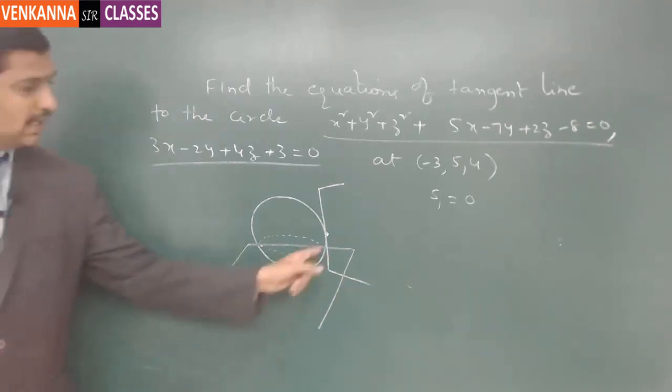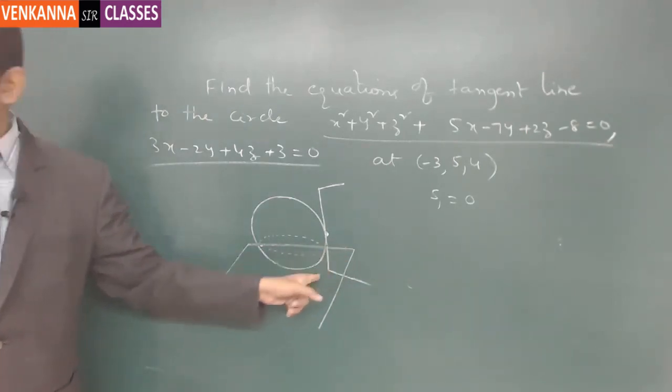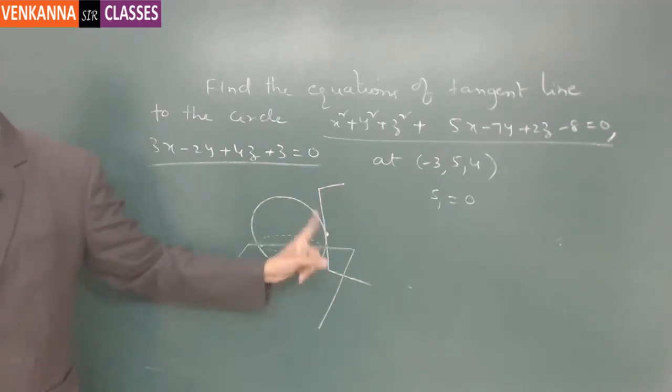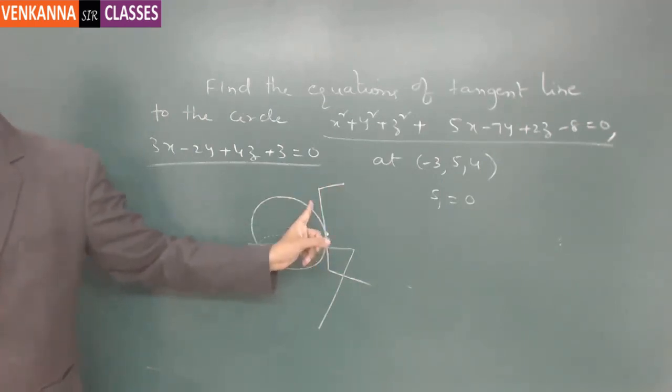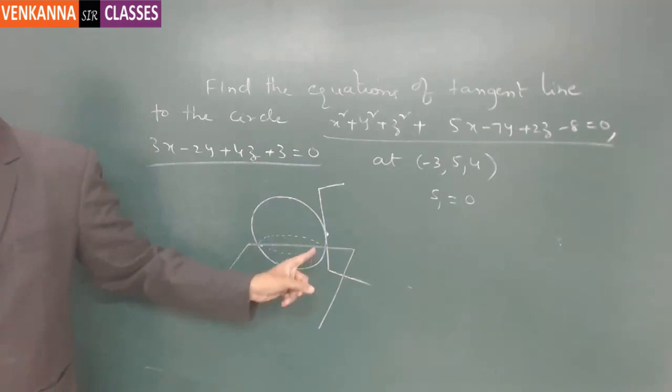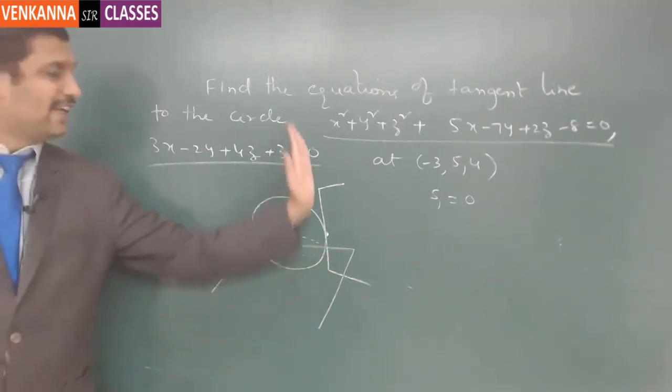So here the two planes intersect, among which one is the tangent plane. Since the intersection of two planes is nothing but a line, I have a tangent line here.